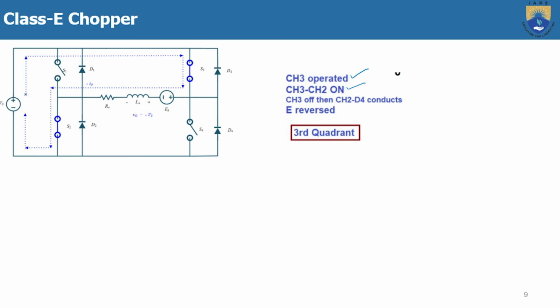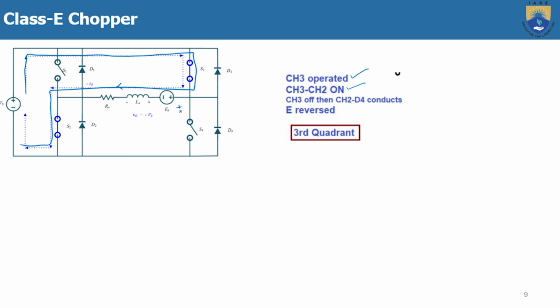Then the load current will flow from here through S3 and this way. Because the current is entering from here, the back EMF polarities have changed, minus and plus, or plus and minus. The load current direction is also from B to A, which means opposite.